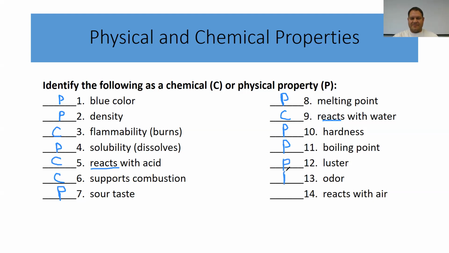Odor is going to be physical, how it smells, right? And then again, reacts with air, it's going to be chemical, okay? So I think the important thing is just to really be able to look at a characteristic property of material and just classify it as either being physical or chemical property.